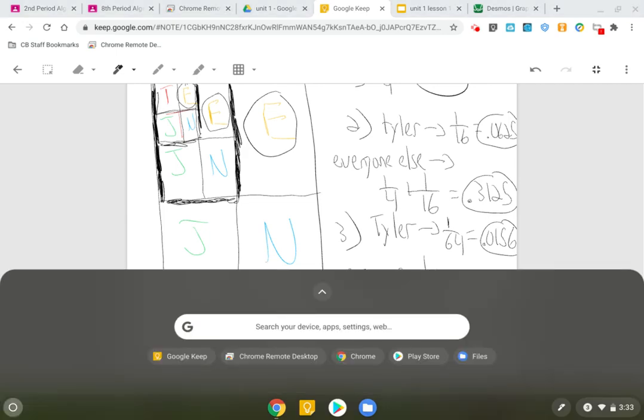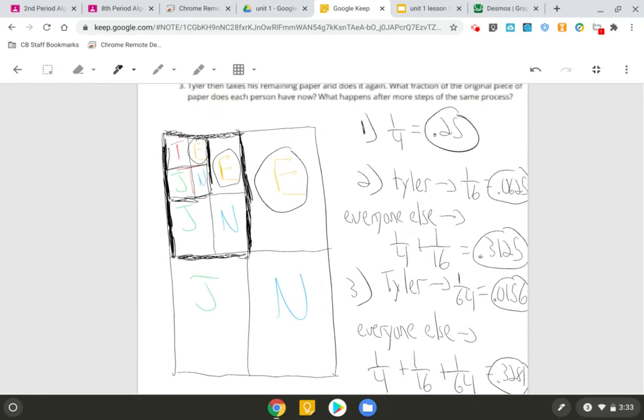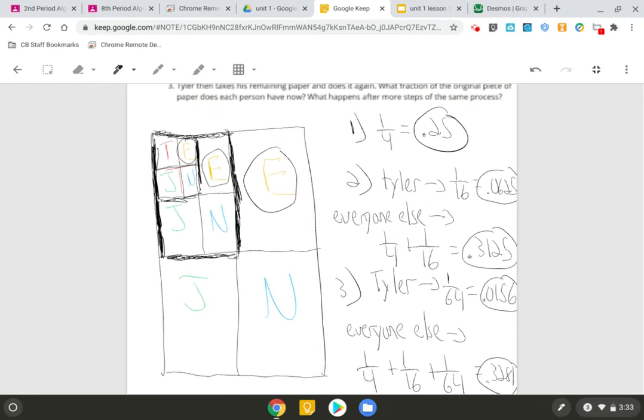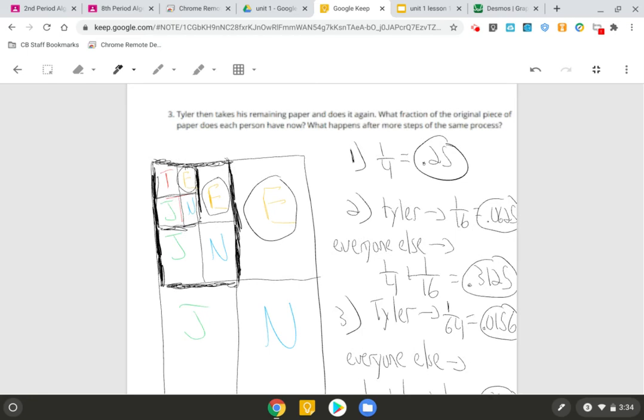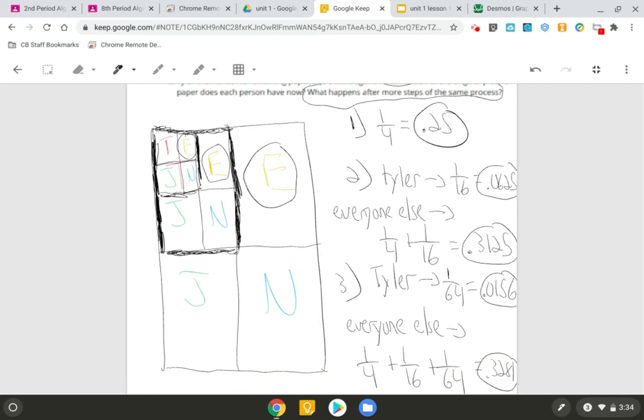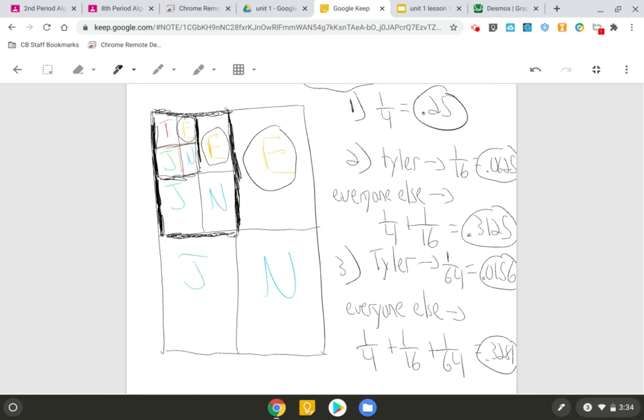Okay. Now, why is that important? Because Elena, Jada, and Noah started with 0.25. Then they went to 0.3125. Then they went to 0.3281. So what's happening to Noah? They're getting more and more paper, and Tyler is getting less and less paper. So to answer this last question right here, what happens after more steps of the same process is what I just said.